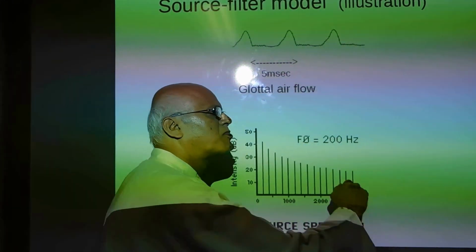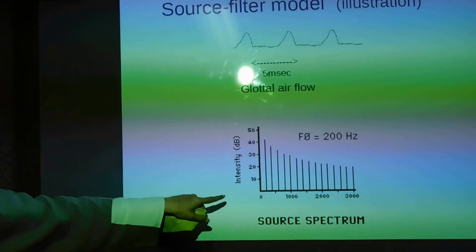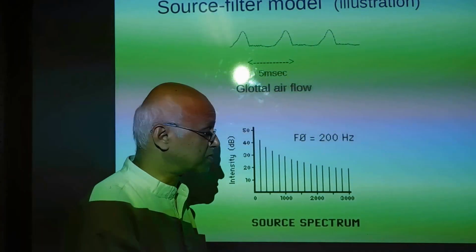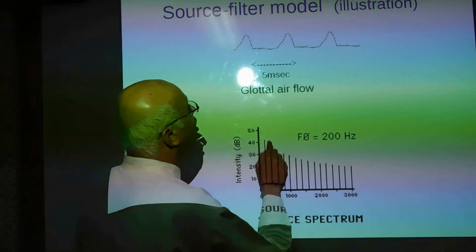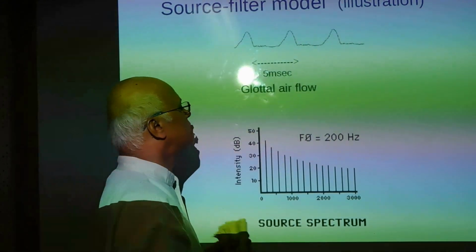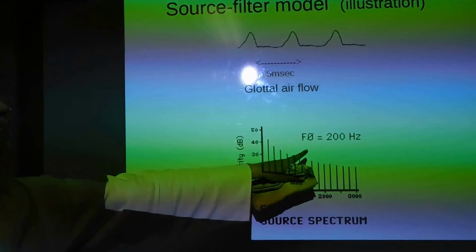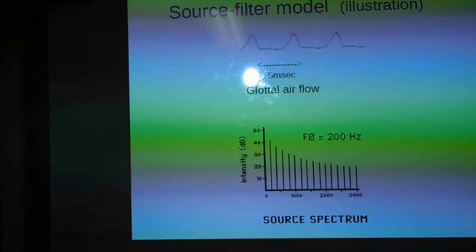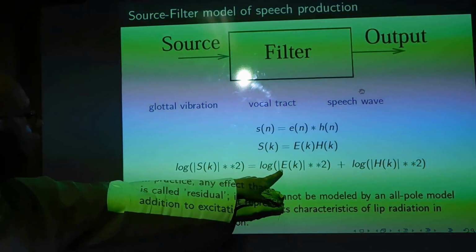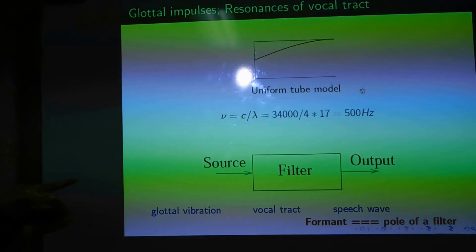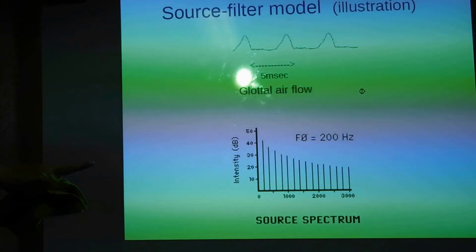The amplitude of the harmonics decreases with frequency. So the source power spectrum, it's a decibel scale, that's a logarithmic scale. So the log power spectrum of a glottal vibration should appear like this, assuming that the fundamental frequency of vibration is 200 Hz. So we know how this looks. We also saw how the filter spectrum looks, because it should have a peak at 500 Hz.